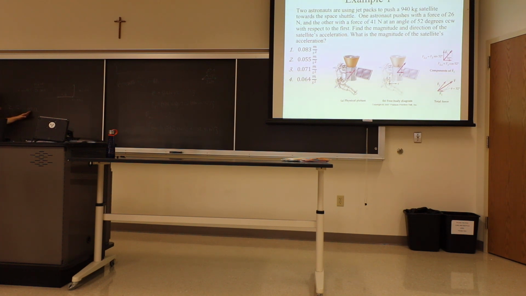Equals a constant times the acceleration. So the acceleration should have the same direction as the force, because this is just a scalar multiplying by it, right? So it just stretches or squishes, it can't change direction. So then this sum of forces has to have the same direction as the acceleration vector. And their magnitude is related by the mass.